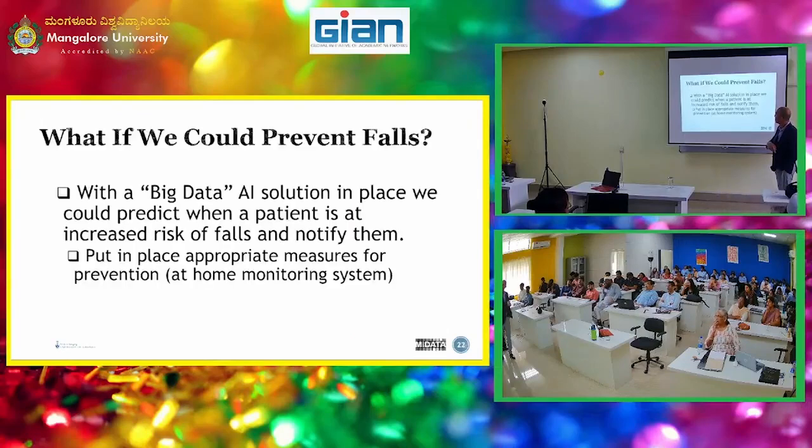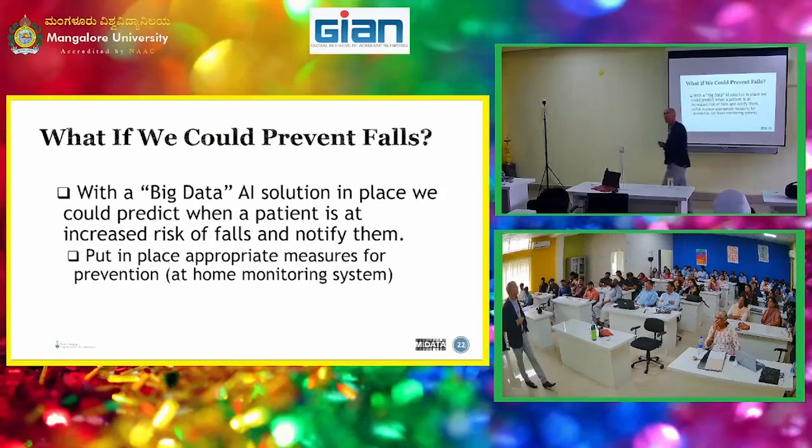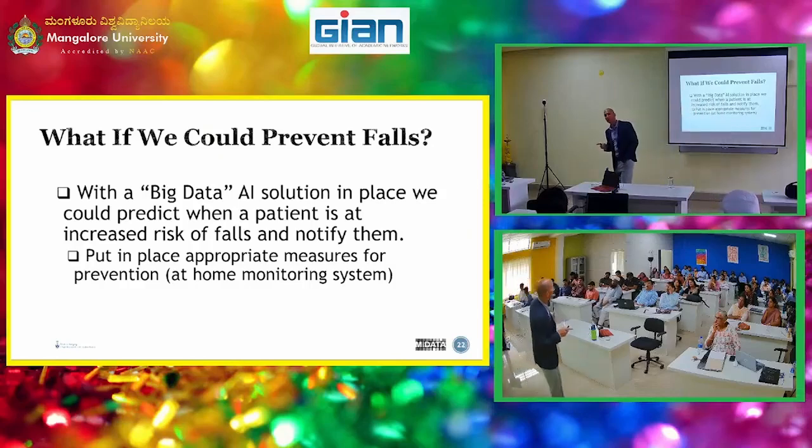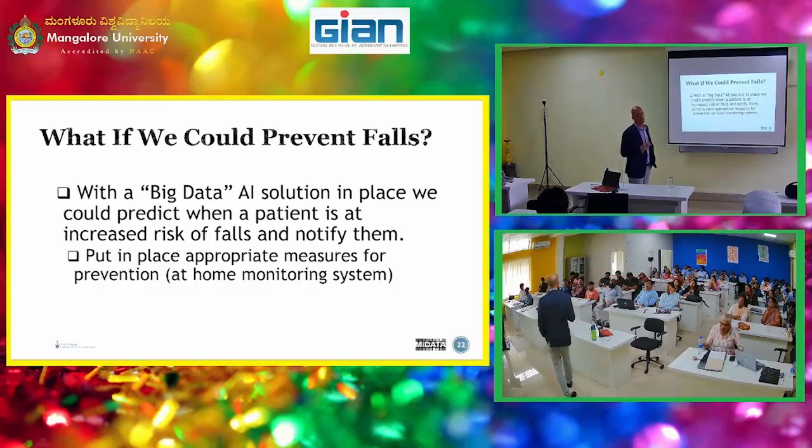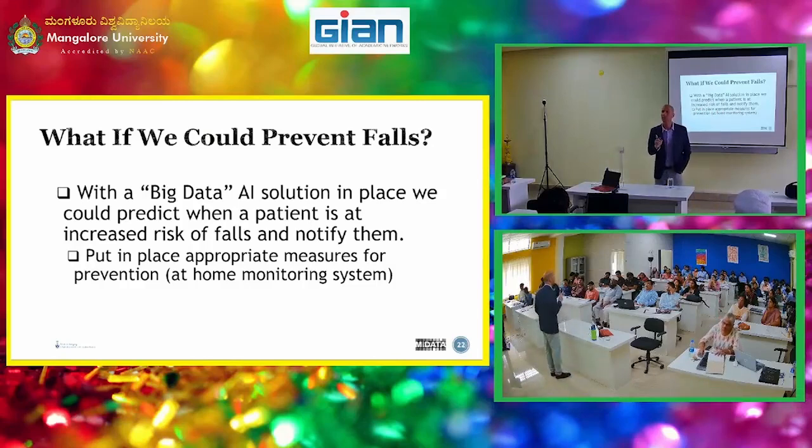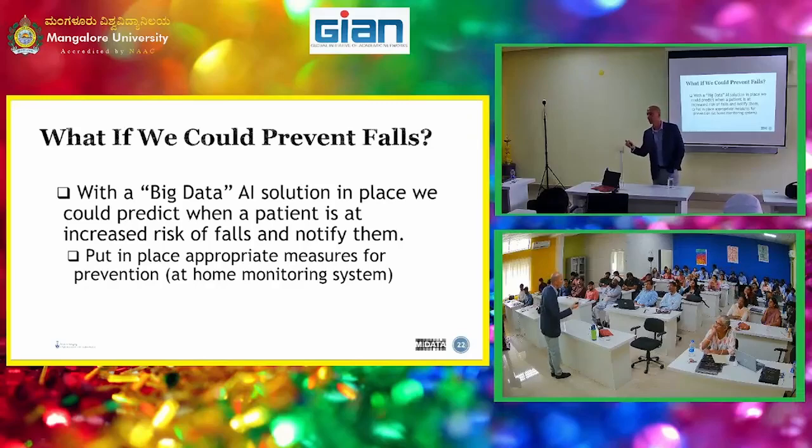Okay, so how can we prevent falls? So tell me, with this medication delivery device, how are we going to prevent falls? How could we prevent falls? So the problem is, in our case, the device is taking the medication properly. If you don't take the medication properly, you could have complications that lead to falls, right?